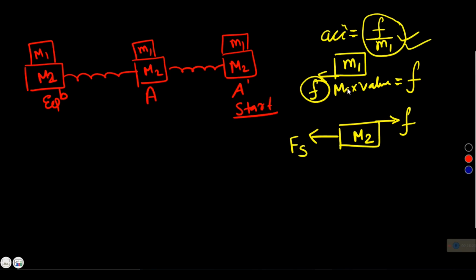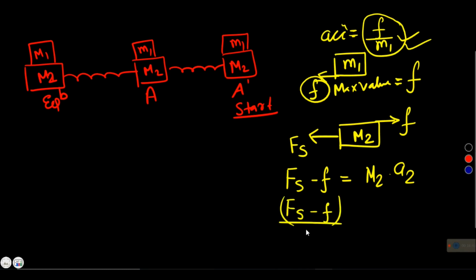Let us see the second block, that is M2. We can write the equation here, net force is equal to mass into acceleration. So net force will be Fs minus F is equal to mass, that is M2, and its new acceleration, that is A2. So this is the Fs minus F upon M2, that will be equal to A2, and we can substitute this Fs also. What will be the value of Fs?